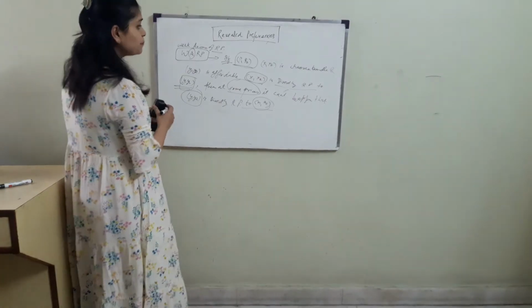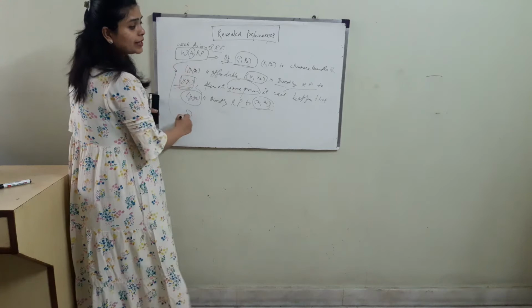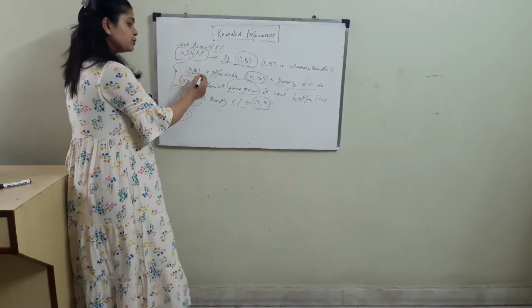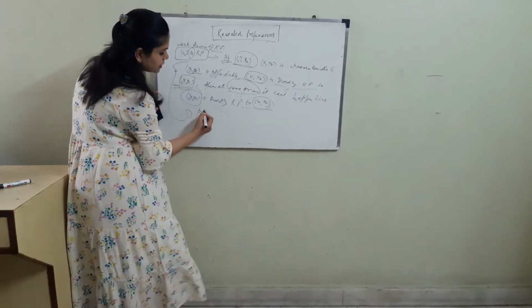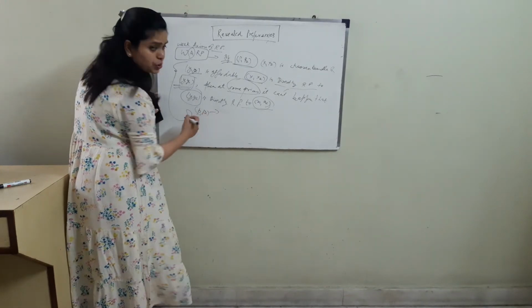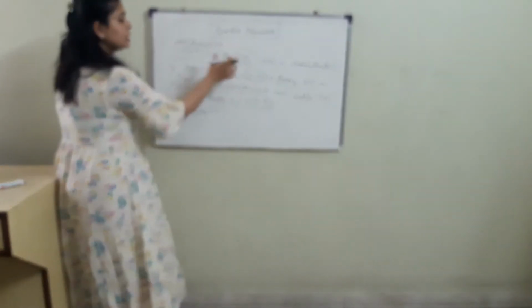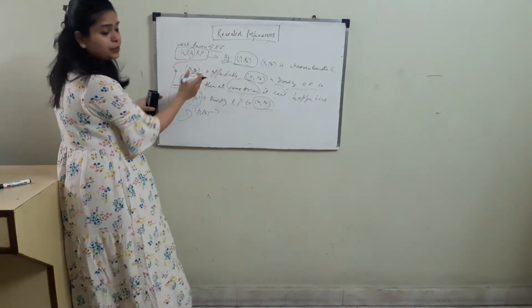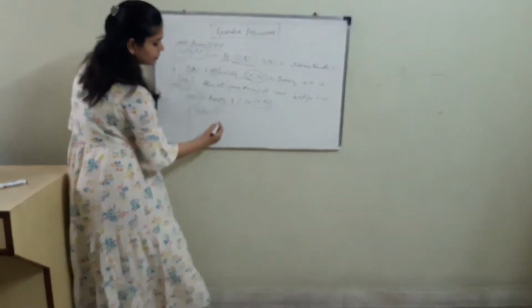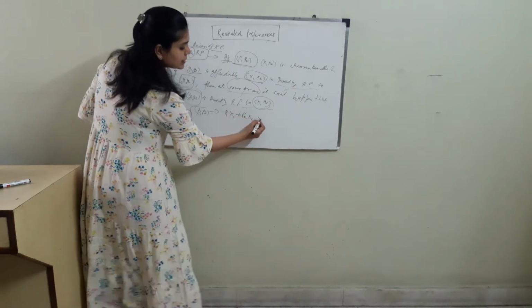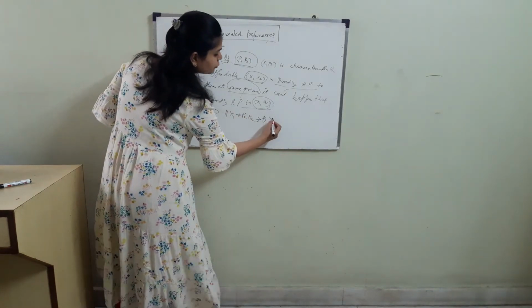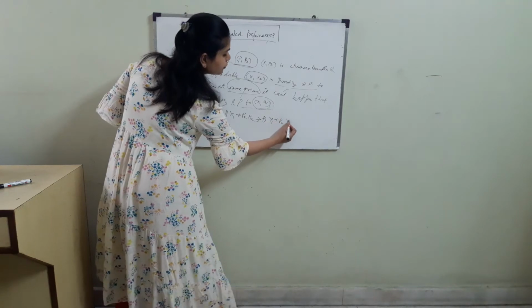It means that when I am saying x1 x2 is a chosen bundle and y1 y2 is affordable, at price p1 p2 the expenditure at x1 x2 is larger compared to the expenditure at y1 y2. So I can write here that p1 x1 plus p2 x2 is greater than or equal to p1 y1 plus p2 y2.